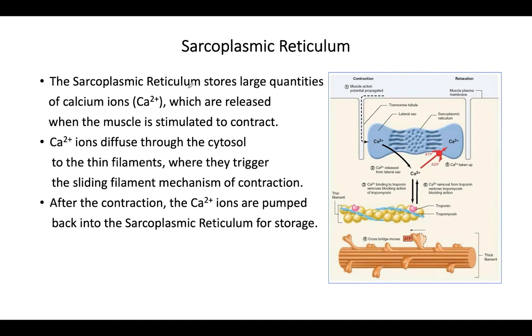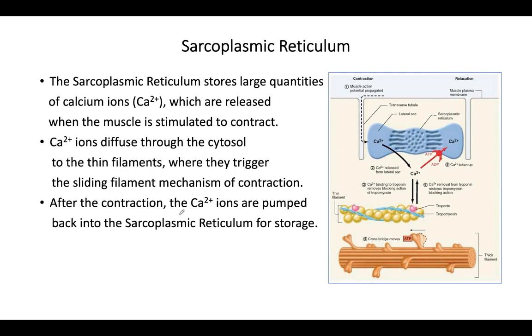What is the detailed mechanism of muscle contraction? The sarcoplasmic reticulum stores a large quantity of calcium ions, which are released when the muscle is stimulated to contract. Calcium ions diffuse through the cytosol to the thin filament, where they trigger the sliding filament mechanism of contraction.